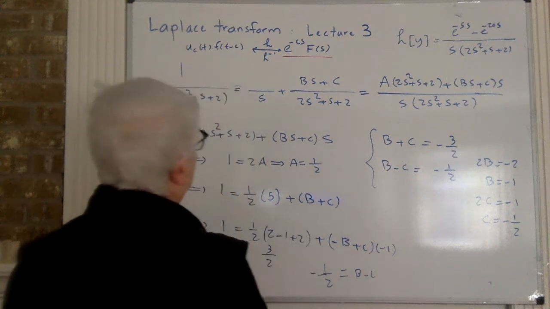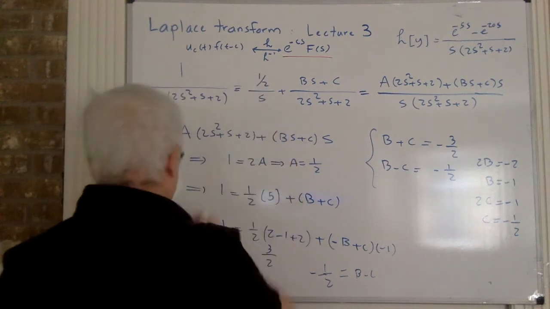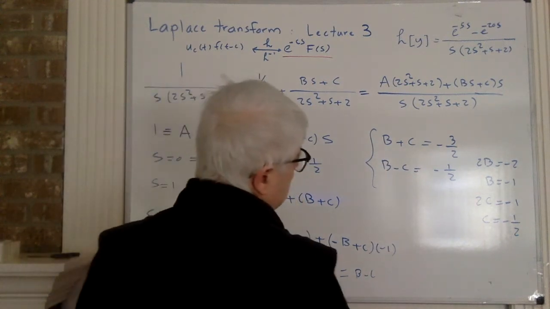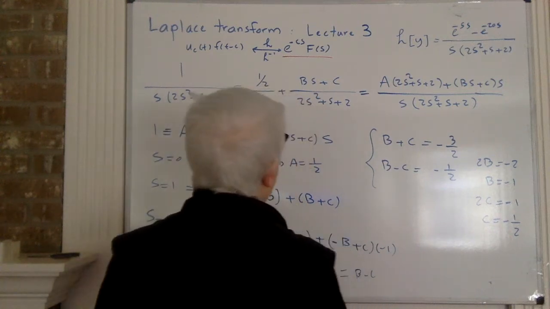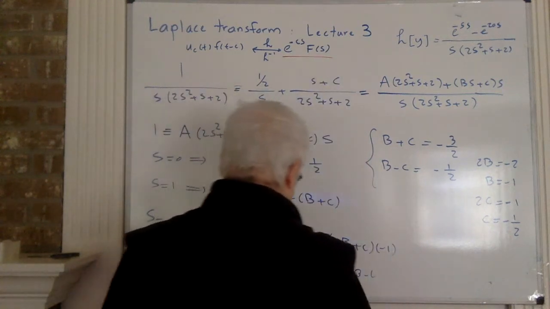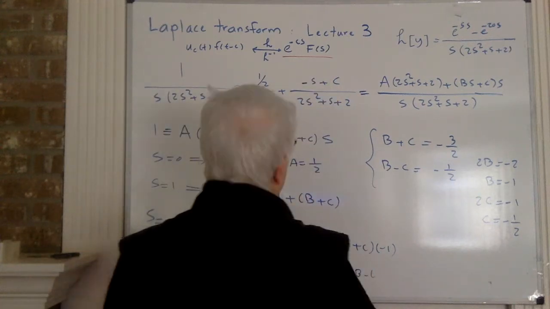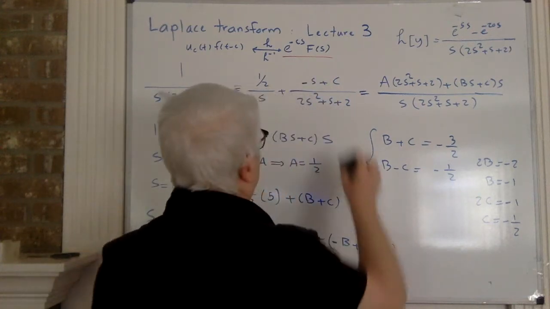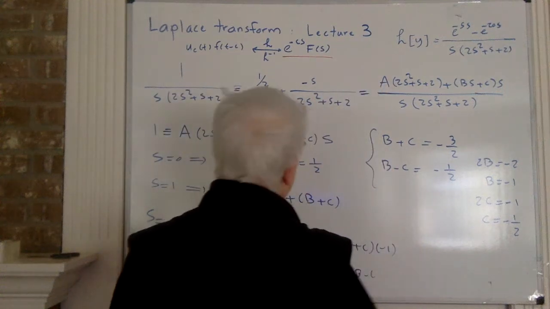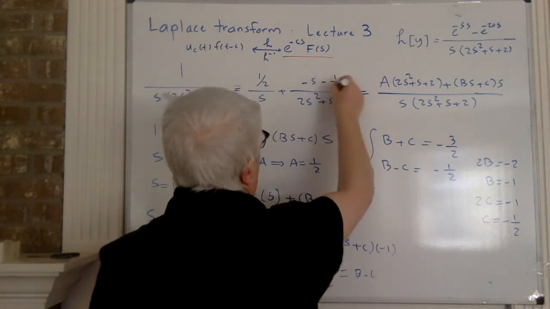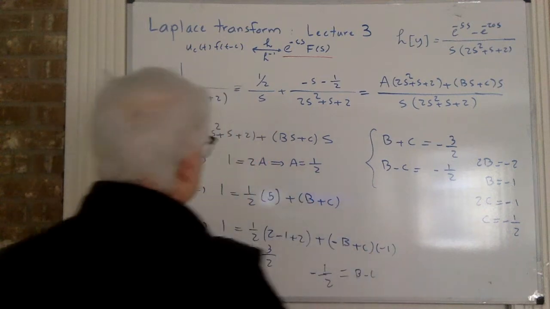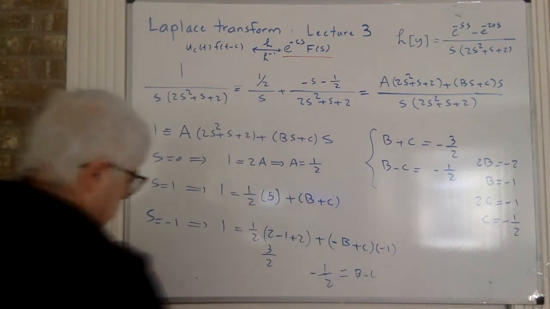So I have 1 half here, and the B is minus 1 minus 1 half. Minus 1, so it's minus S, and minus 1 half.